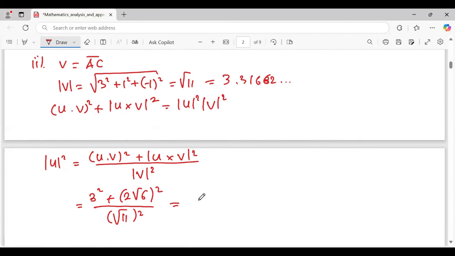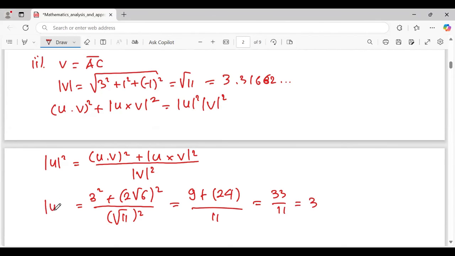If we calculate, it is 9 plus 4 times 6, 24, over 11. So 33 over 11, it is 3.